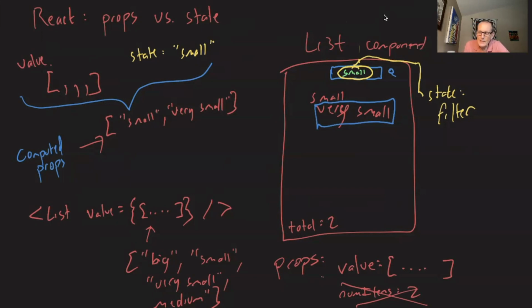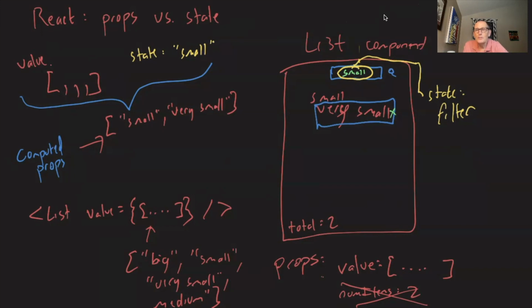So in this particular case, where we don't have ID numbers, let's just look at what we would do. Let's say we type something, we put in an X. From the list's point of view, it's not the second element of the list, it's the second element of the filtered list.